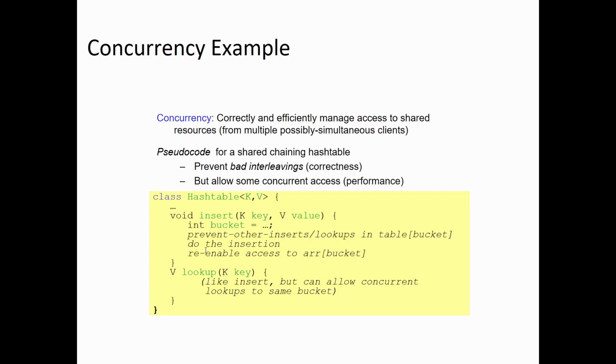When you implement concurrency in a stupid way, you could, for example, stop everybody from doing anything until you finish. So the performance will be much slower because our clients are not able to do anything. Correctness is important, but performance is also important here.